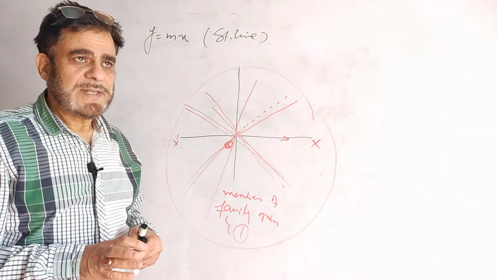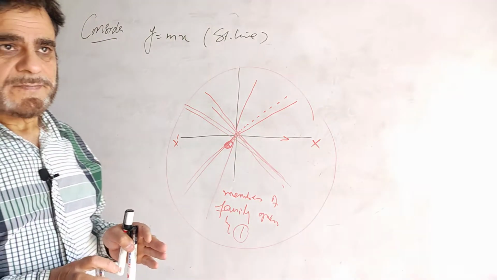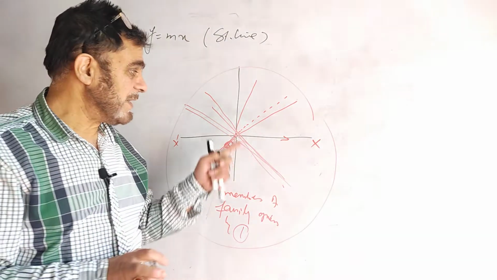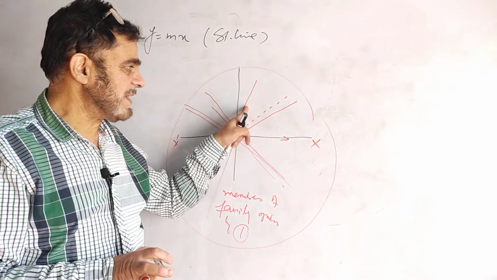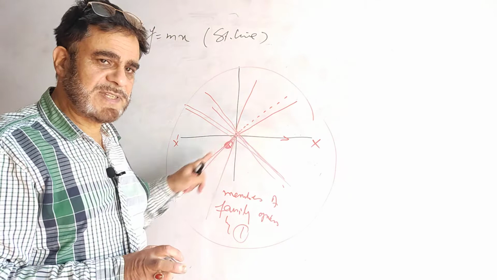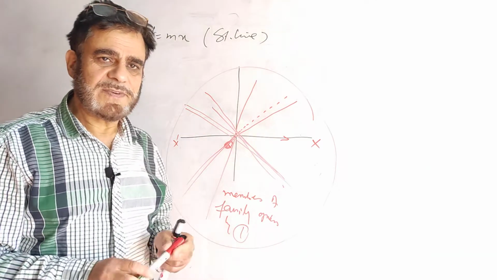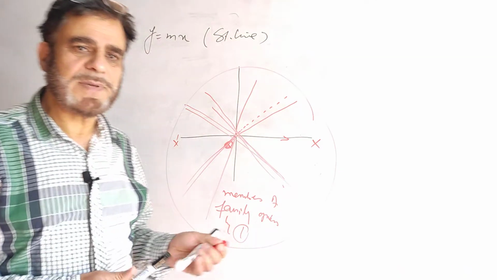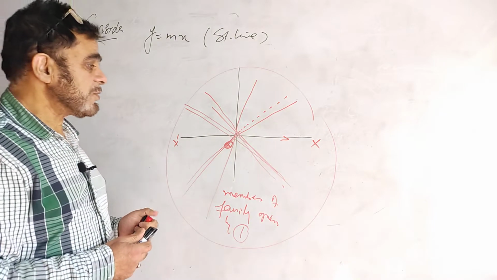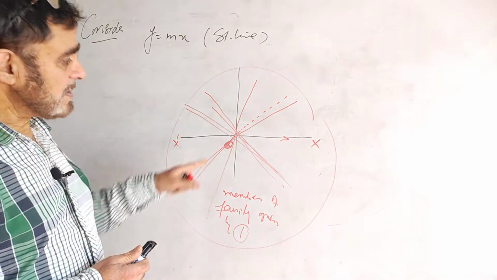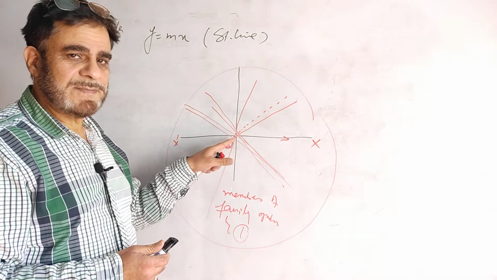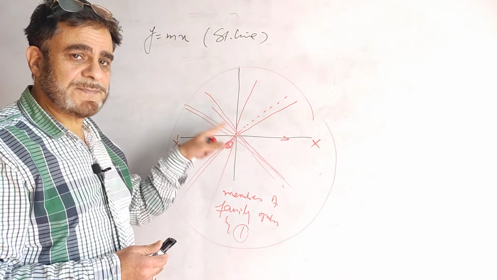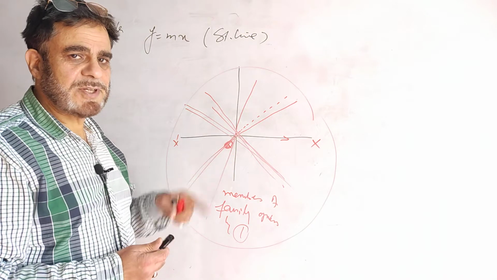Now, my aim is to find the equation which is satisfied by each member of this family, and that should not involve m, because m is different for each member of the family. It should not involve m.